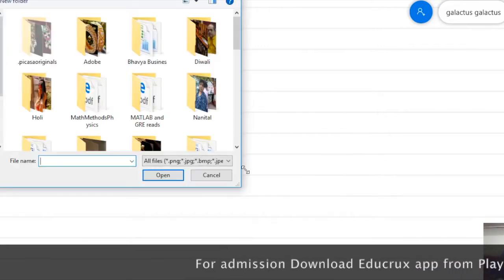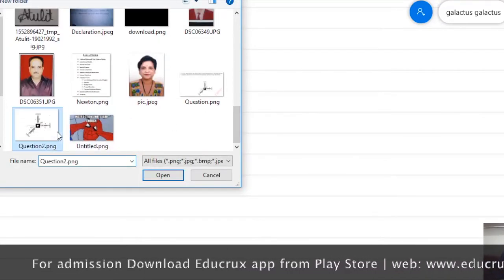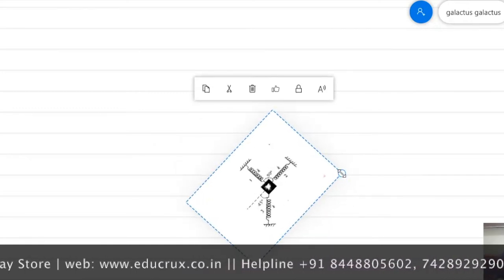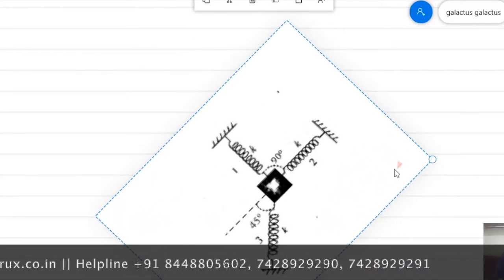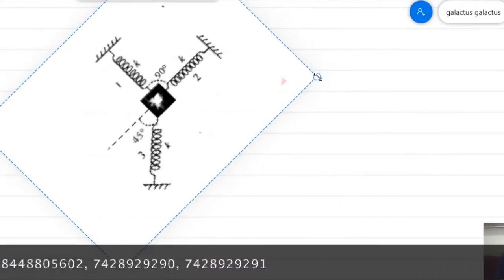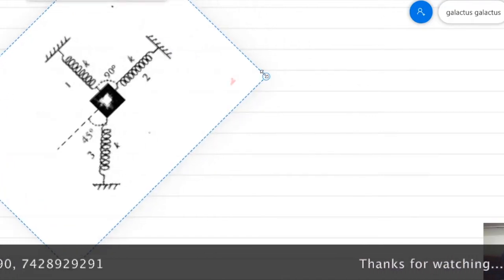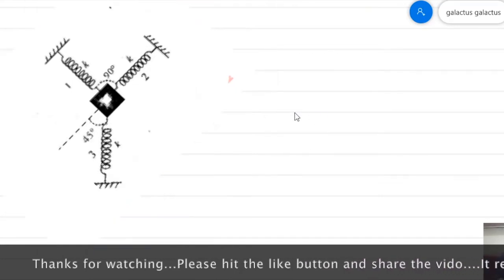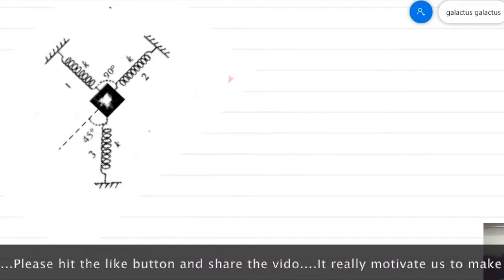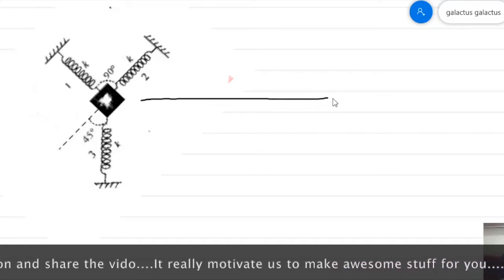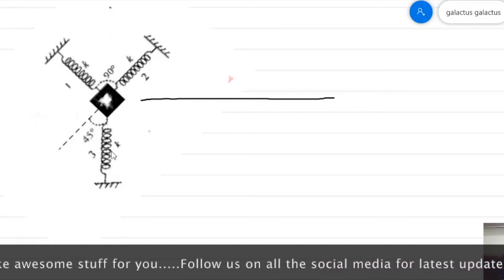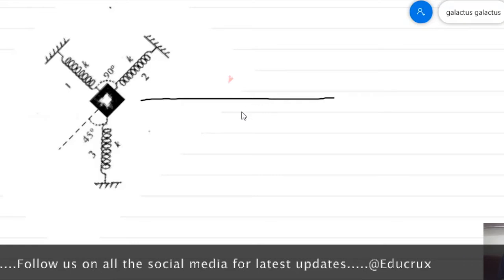To understand this question better, I will take another picture that will help you understand how the configuration changes when we displace the spring. So suppose that I align my diagram like this. This is my diagram, and suppose that I move the block of mass m toward spring 3, that is vertically downward.